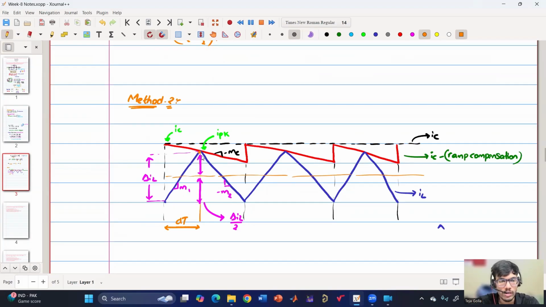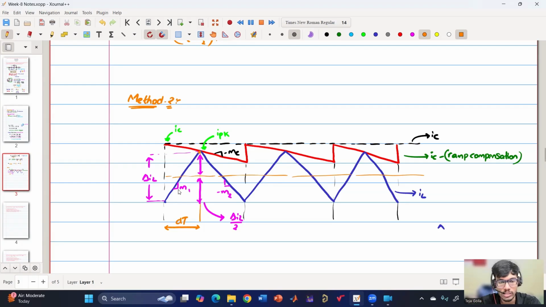Instead of that, we'll consider the average of this plus we'll consider the average of this. And then we'll take the overall average. Previously, we considered the average of the entire triangular waveform and calculated the midpoint. So now we calculate the midpoint for the left portion as well as the midpoint of the right portion. And then we'll consider the overall average.